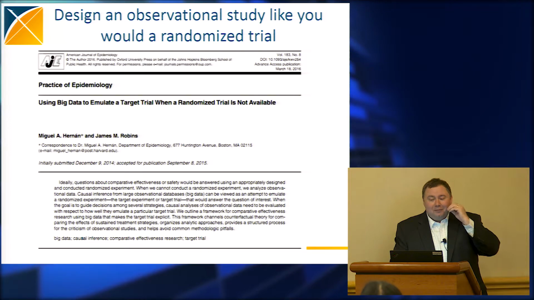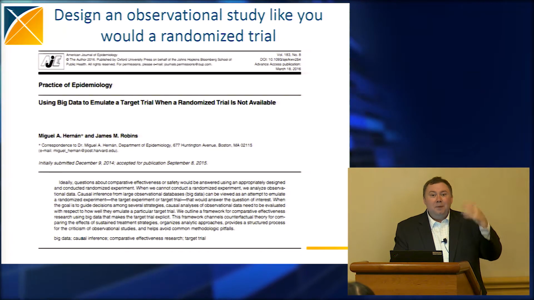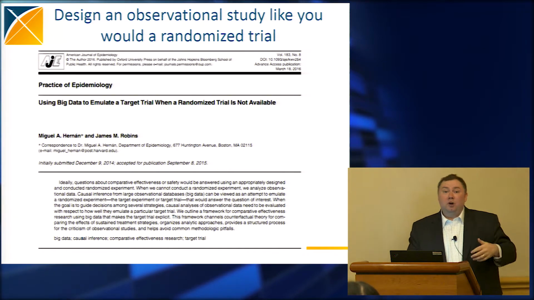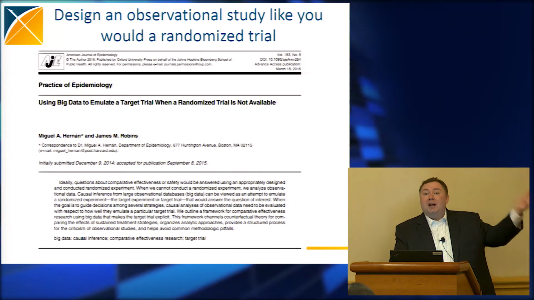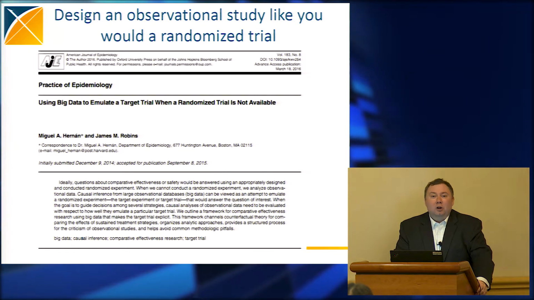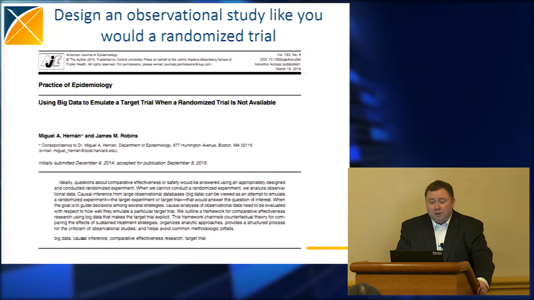So I mentioned earlier, when you design an observational study, some people will say, well, what I'm really trying to do is just approximate the experience of a randomized clinical trial. And I'd say, no, we're actually trying to learn that counterfactual effect. However, a lot of the design principles that go into designing a randomized trial are very helpful and appropriate when you're thinking about designing an observational cohort study.